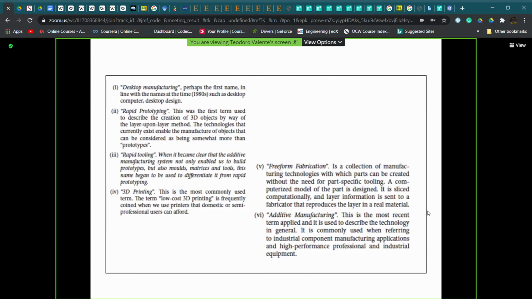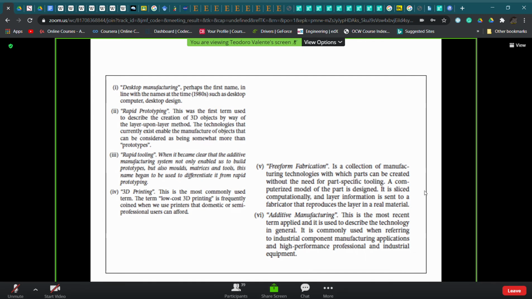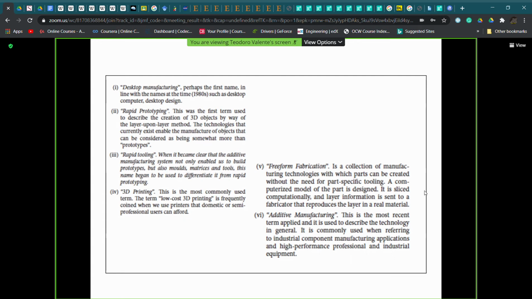And the history of the additive manufacturing technologies available nowadays starts some years ago, and we also have some other definitions which have then evolved into additive manufacturing.